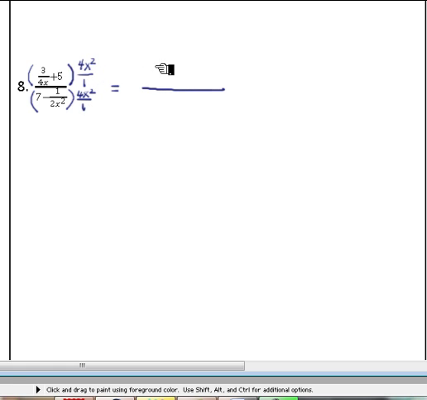Now I like to first do the distributive law and then cancel in the next step. So I'm putting 4x squared over 1 next to this fraction, just multiplying through, plus 4x squared times 5, that's 20x squared.